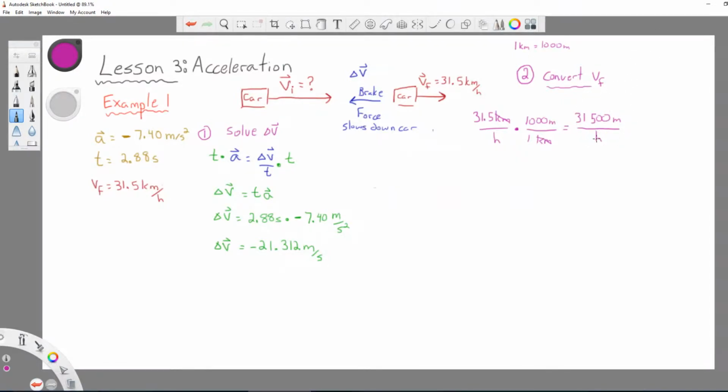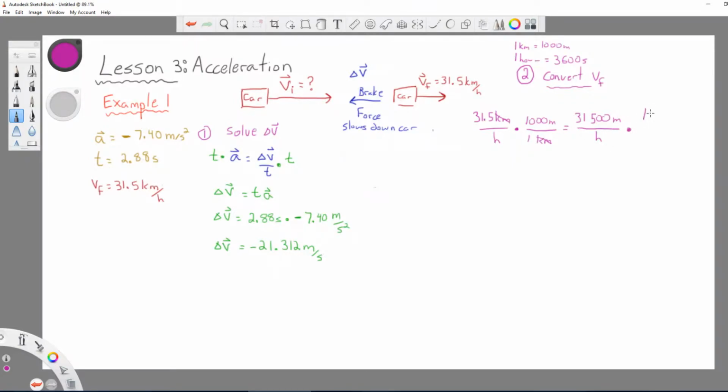We're now in meters per hour rather than kilometers per hour, but we want meters per second. So the second step is converting meters per hour to meters per second. In the previous lesson, I showed you how to convert 1 hour to seconds, and it works out to 3,600 seconds per hour. That's because there's 60 seconds in a minute and 60 minutes in an hour, so 3,600. All right, we want seconds on the bottom, and we're going to be canceling this h.